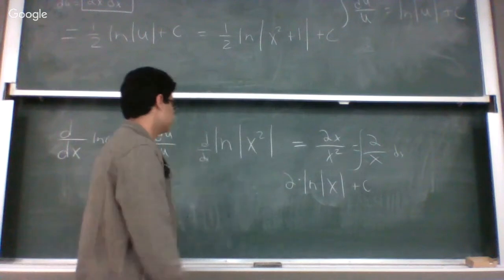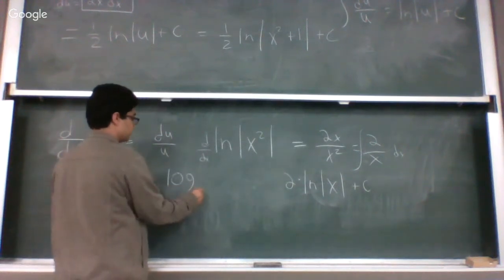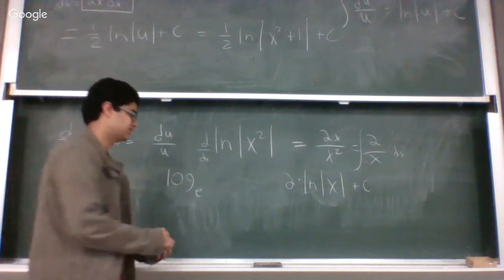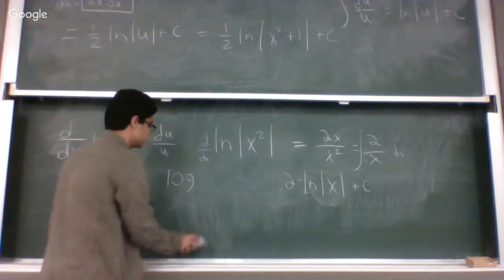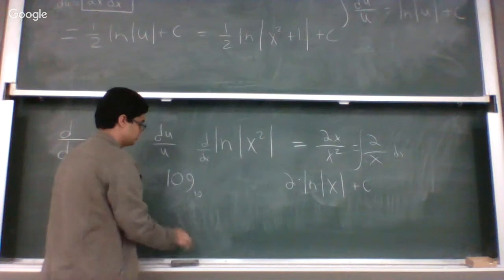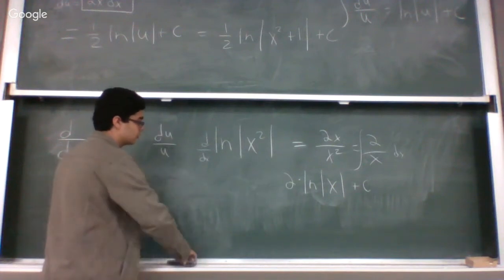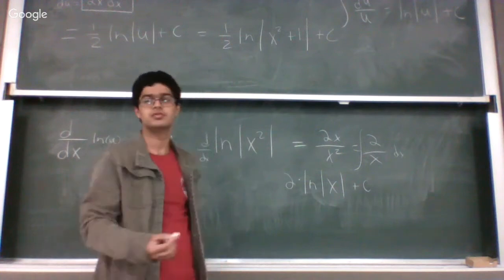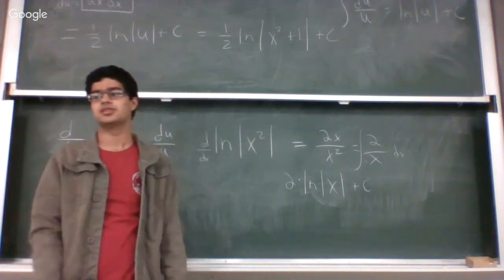Natural log is a log with a base e. Normally we have logs with base 10. That's what our calculators like to work with. E is a number, a constant that's irrational.